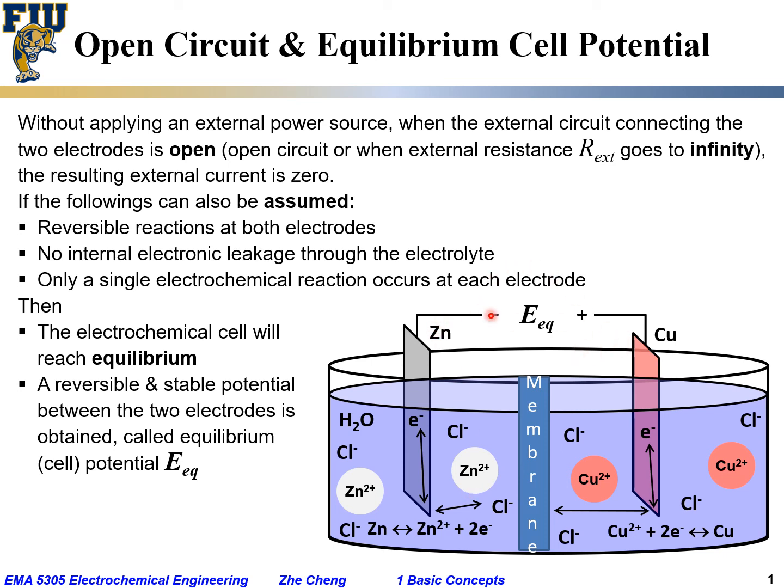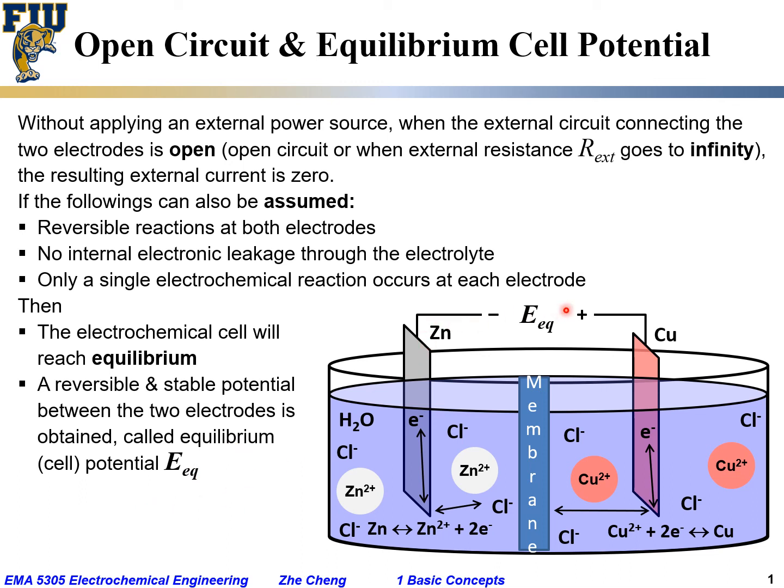Okay, there will be a stable potential, we call it reversible potential, between the two electrodes, and such potential, people give it a name called equilibrium cell potential, sometimes equilibrium potential in short, and a symbol of E_EQ, E for potential, EQ for equilibrium. When do you get this?